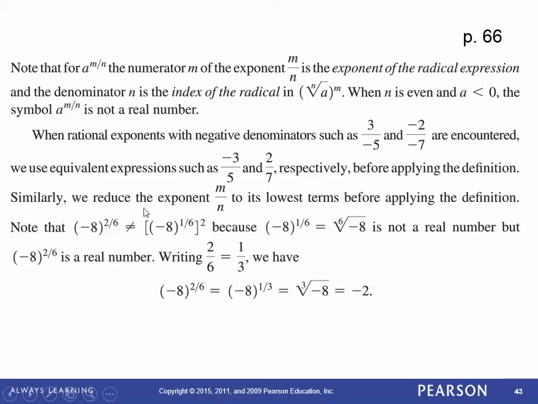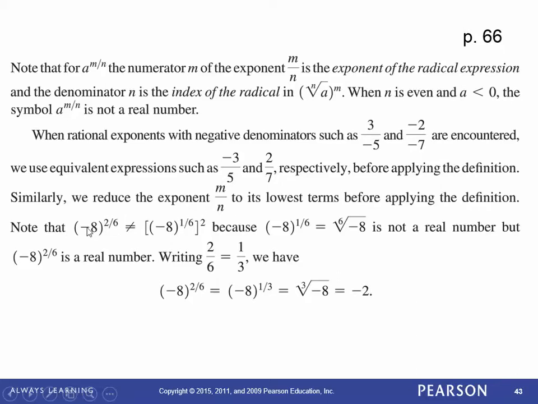Similarly, we reduce the exponent m over n to its lowest terms before applying the definition. So again, if you're taking a power of 2/6, before you even do that, we're going to reduce this exponent down to 1/3 before we even express what we have here.